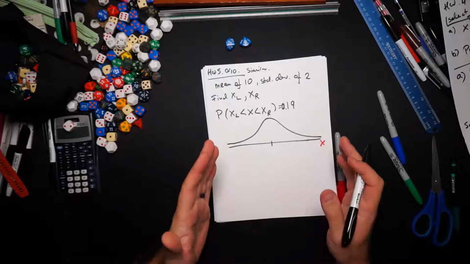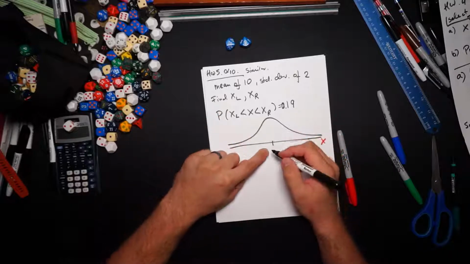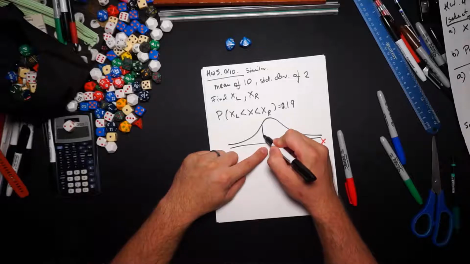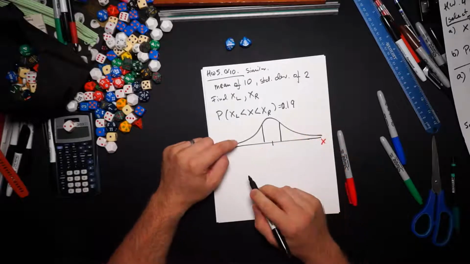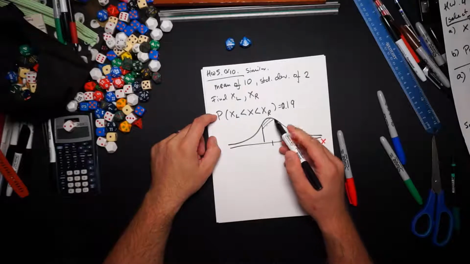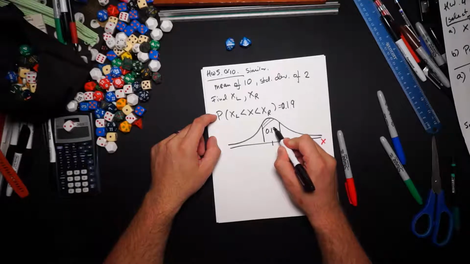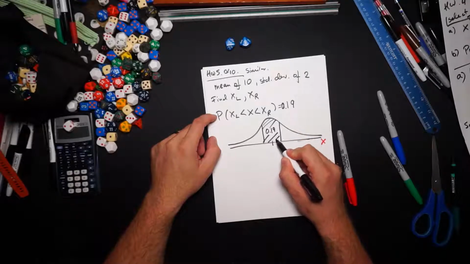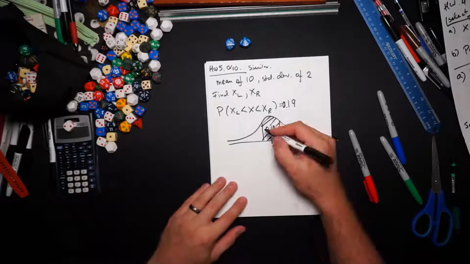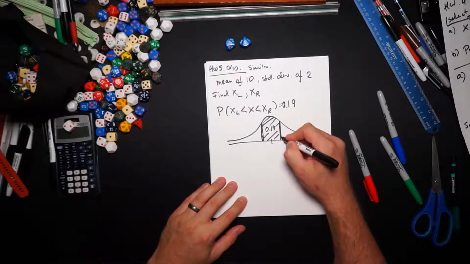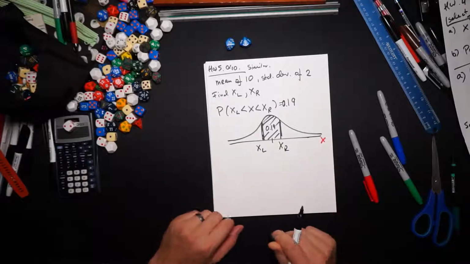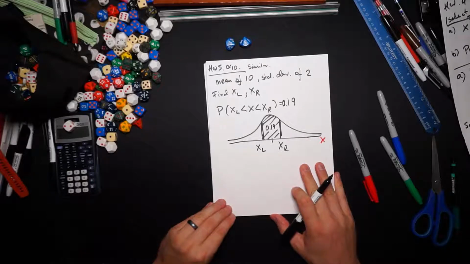I'm looking for some probability that is split symmetrically somewhere here, this whole area, and this whole area is about 19% between those two. And what are those? Well, that's XL and that's XR.